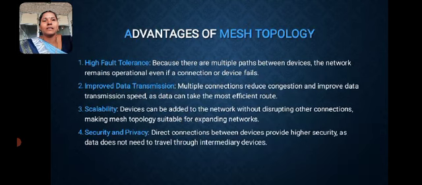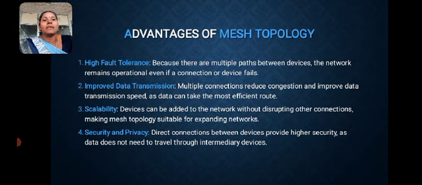Advantages of mesh topology: high fault tolerance, because multiple paths are available. Data transmission is improved. We have multiple connections, so it is easy to transmit the data, and data speed is also improved. Scalability: adding a new device and removing an existing device is also possible.